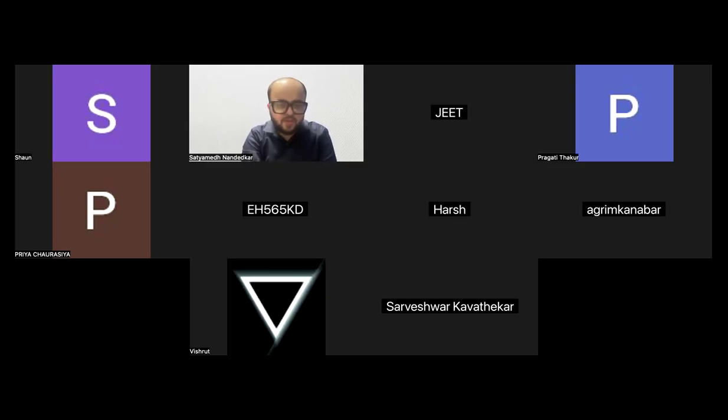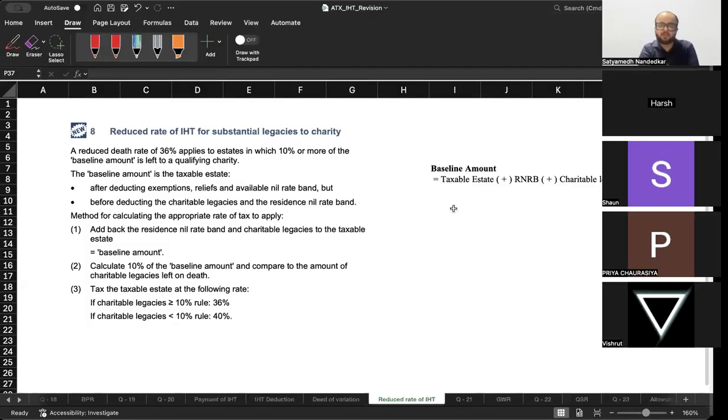Okay, now what is this baseline amount? Baseline amount is taxable estate plus RNRB plus charitable legacies. आप क्या करो? If the amount of donations to a charity is 10% or more of this amount, then the IHT rate applicable is not 40. IHT rate applicable is 36%.